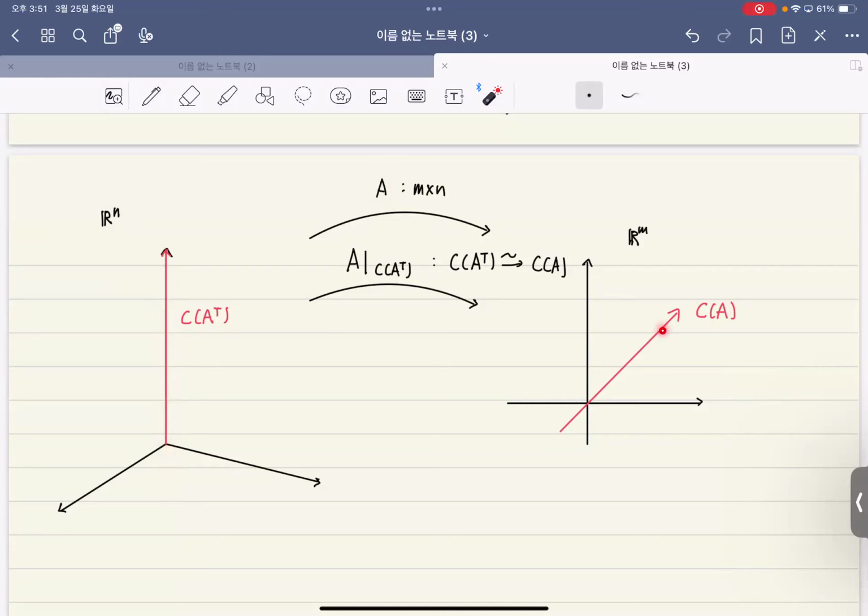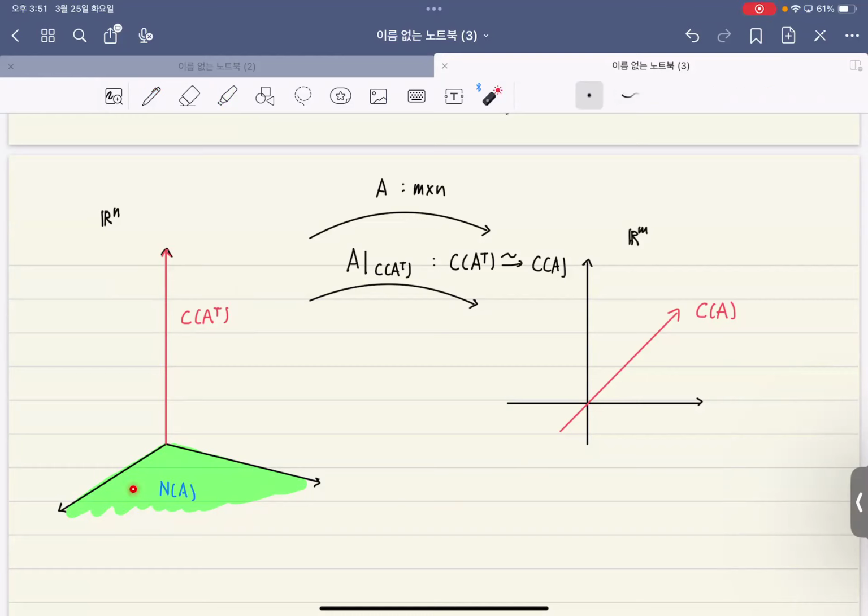And what about all the other vectors? In particular, if you take the orthogonal complement of this one, then every vector in this space should be mapped to where? 0. Why is that? Because the orthogonal complement of the row space has to be the null space.